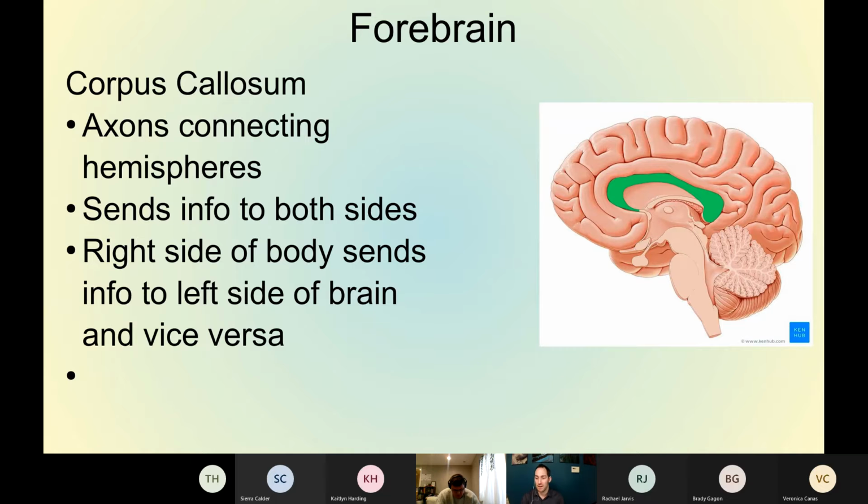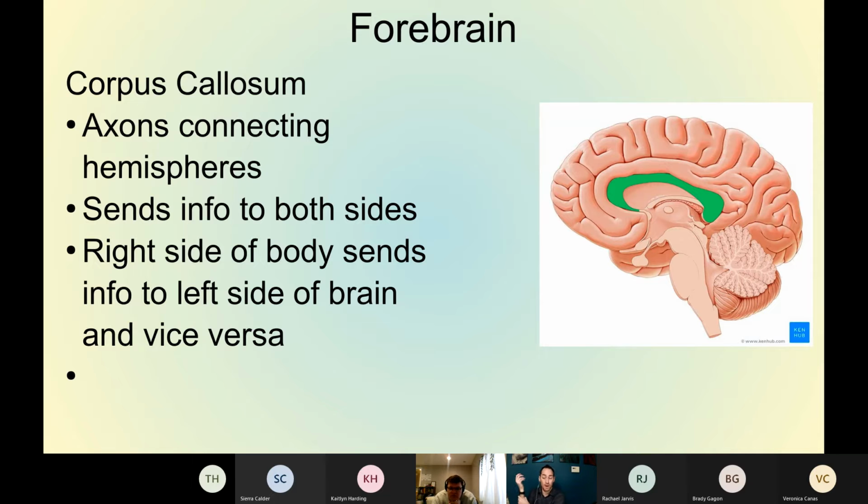So the comment Rachel made earlier is actually more in line with what the right versus left side of the brain actually do. The right side of your brain controls most of the things and gets the sensations from most of the things on the left side of your body. So if I pinch my left arm, the right somatosensory cortex is what's getting that message.